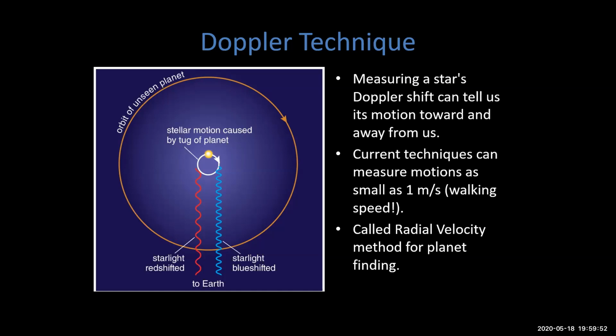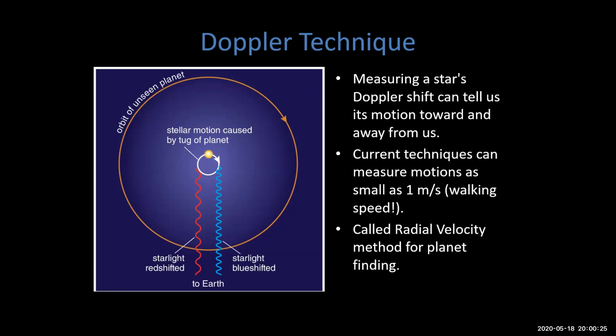And if there's this regular red shift, blue shift, red shift, blue shift, and those shifts are of the exact same size every time, only planets can cause this effect. There's nothing else out there that can cause this sort of effect. This Doppler technique has been called the radial velocity technique for finding extrasolar planets.